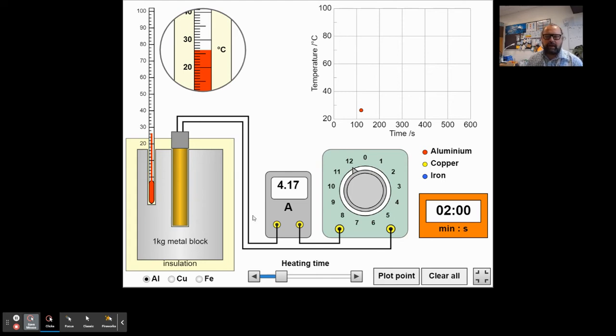We can calculate the amount of energy that's been supplied by multiplying 12 volts by 4.17 amps by 120 seconds. The time must be in seconds, and that would give us a value for the energy supplied. So we know the mass, and if we didn't, we could measure it on a balance. We know the energy supplied, and we know the temperature change, and all of those can be combined to calculate the specific heat capacity of this metal block.